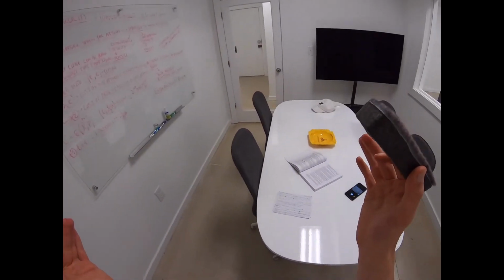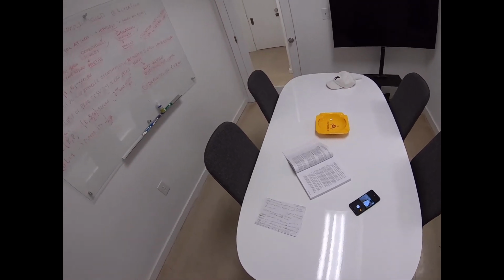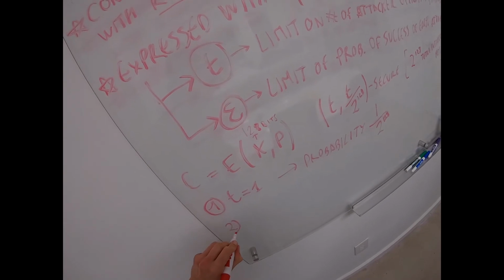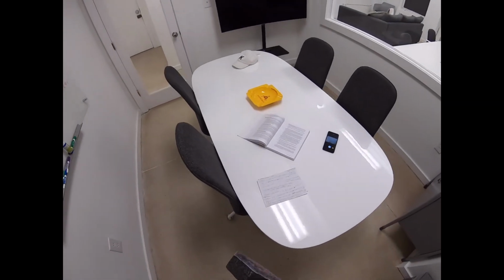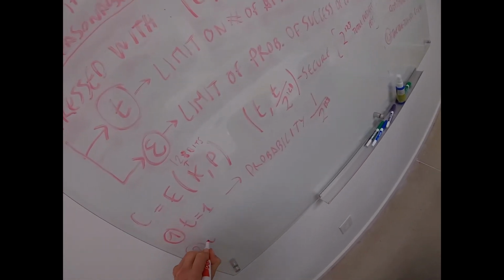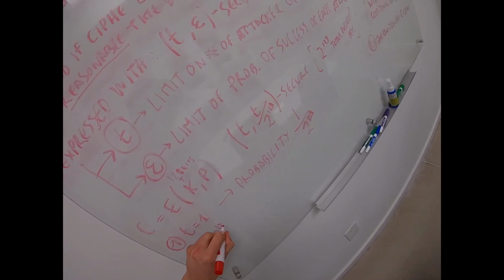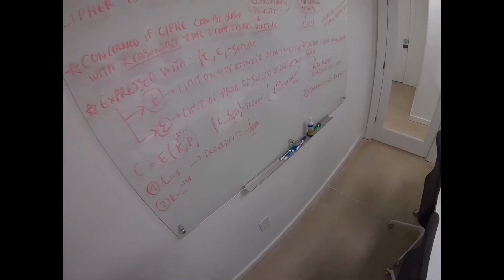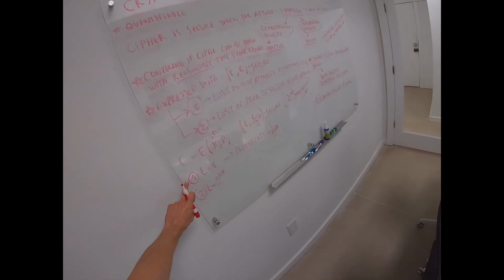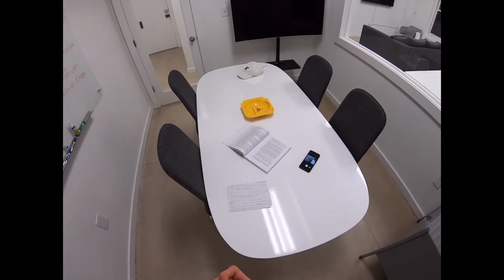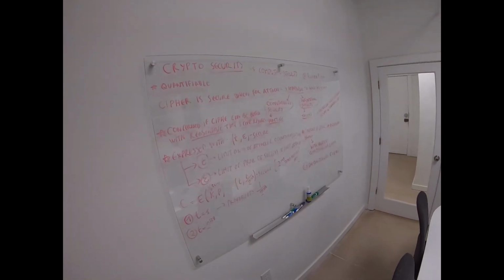Now, case number 2. Let's go through them faster a little bit, because you're getting the gist of it. In case number 2, the attacker is gonna try 2 to the 128 keys. Am I right? So it's the opposite of this situation. Here only 1 is tried, here all of them. So the attacker tries all of the keys.